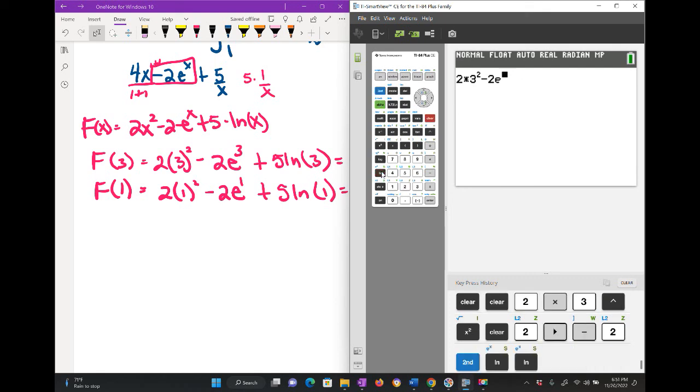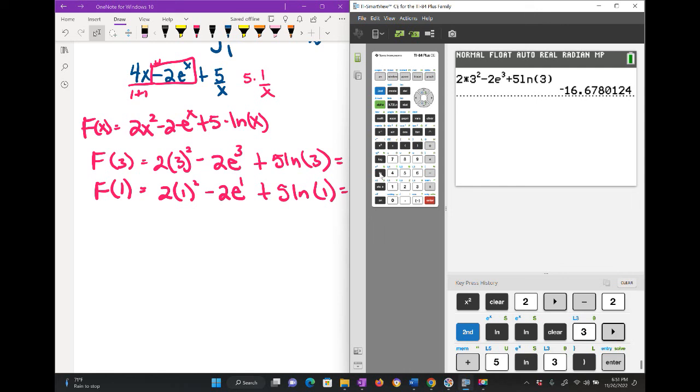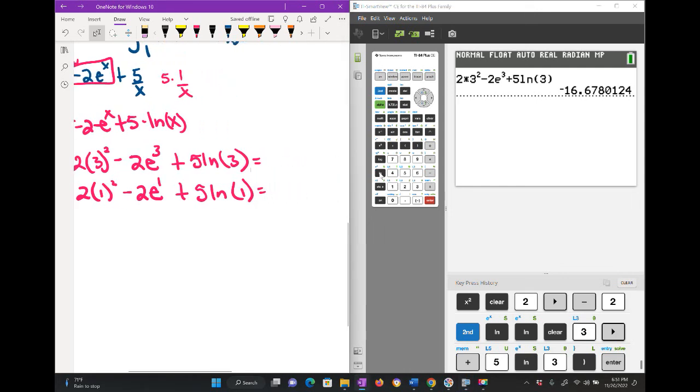In this case, this would be e to the 3, plus 5 natural log of 3. And that would land you at negative 16.67. So let's go ahead and write this down.